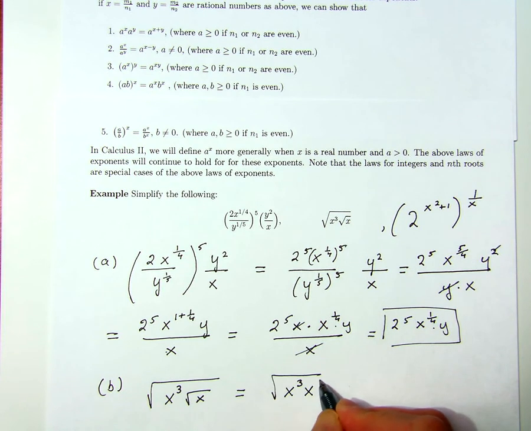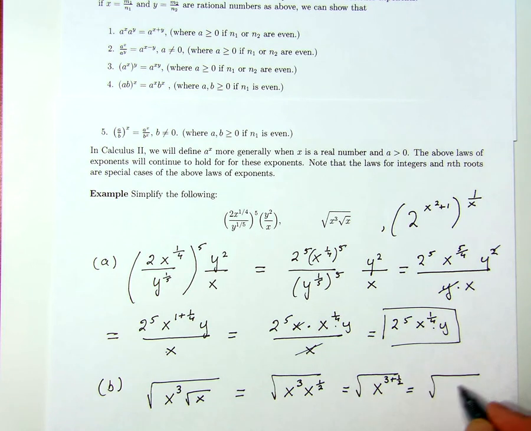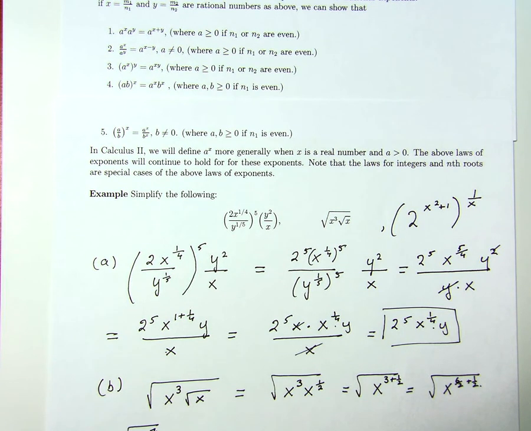So this is x to the 3 times x to the 1/2. And that's the square root of x to the 3 plus 1/2. And that's the square root of x to the 6 over 2 plus 1/2. And that's the square root of x to the 7 over 2.